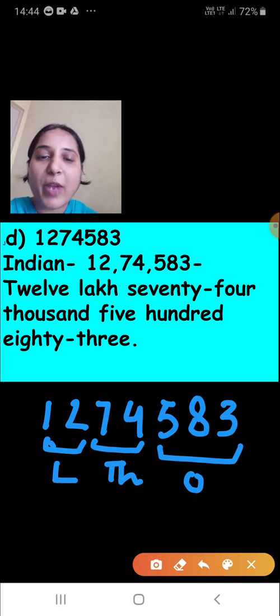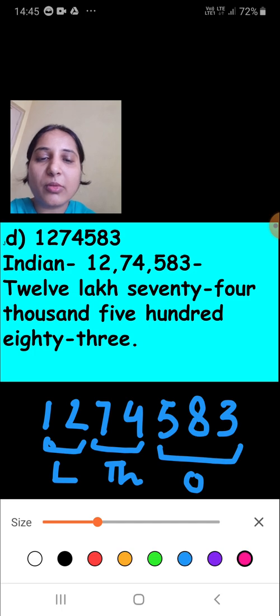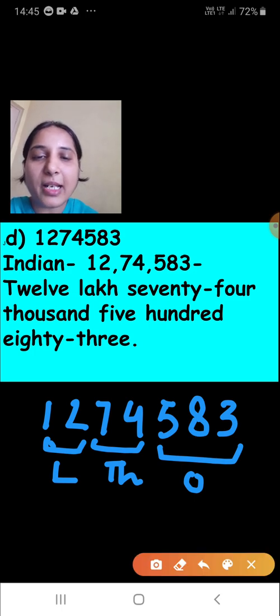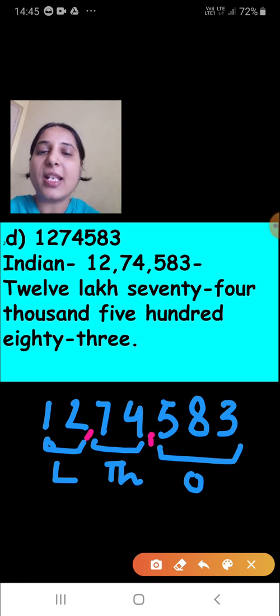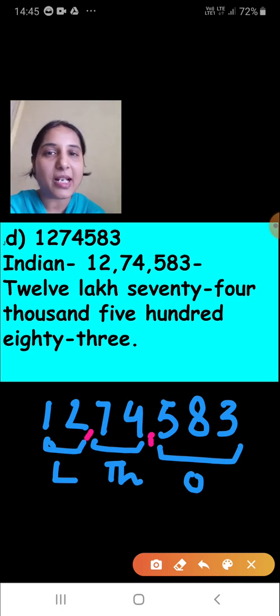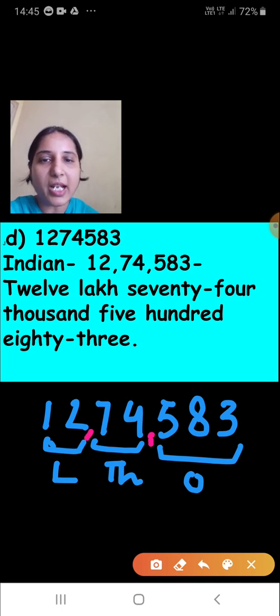So where are we going to put the commas? We will put a comma between 4 and 5, and between 2 and 7, because there these periods get separated. Now we can easily read that number. The number name for this will be 12,74,583. Got it?